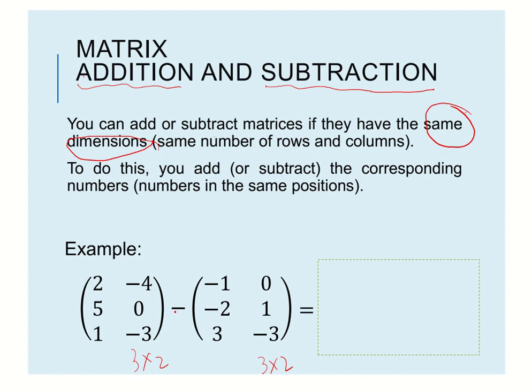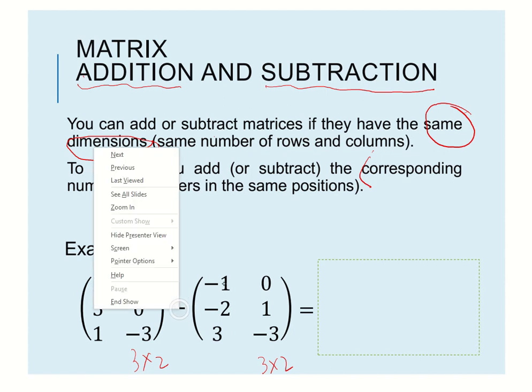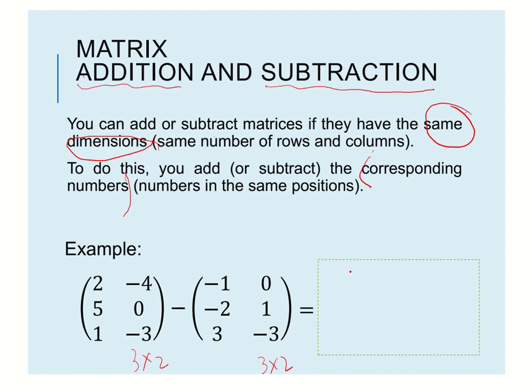To perform the operation, we add or subtract the corresponding numbers. So we have 2 minus negative 1, which gives us 3.